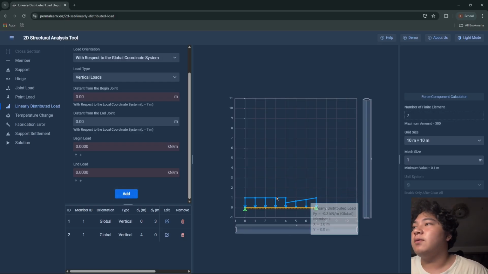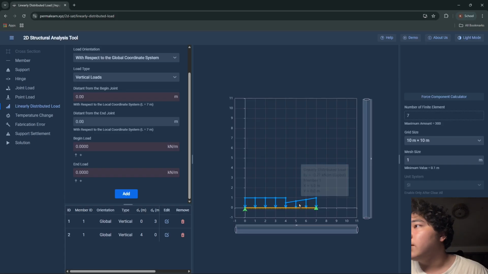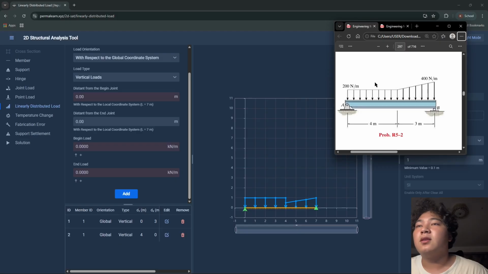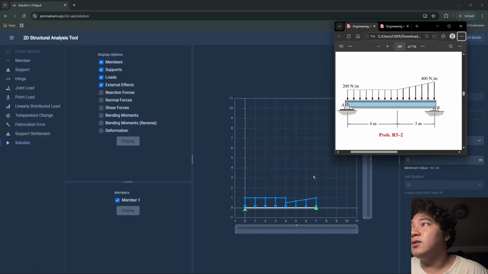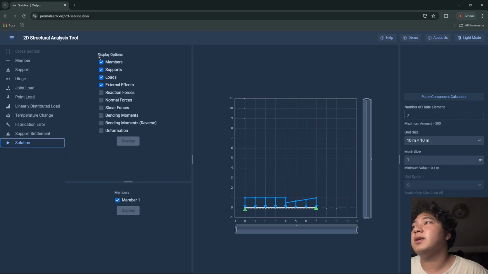Since we have all the loads figured out and nothing else to put here, there are no other external forces, no moment, so you can simply go to solution. In solution, you can only display one at a time for the forces if you want to know the answer for the forces.